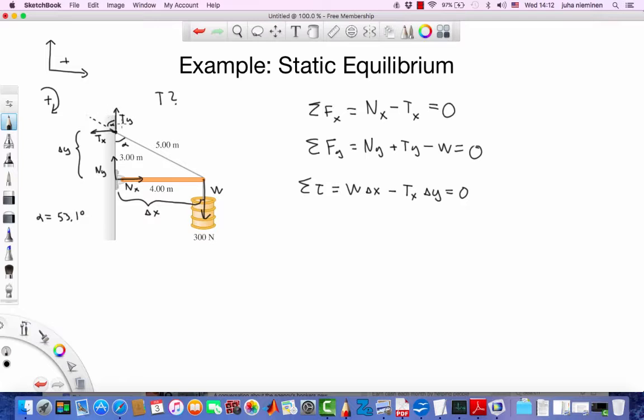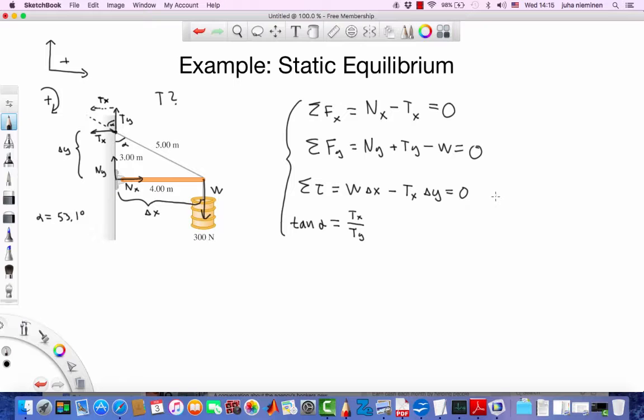So from this geometrical identity we can say that tangent alpha is tx divided by ty, because we can always draw the tx here as well. Tangent alpha is tx divided by ty. And here we have 4 equations, 4 unknowns, and we can solve them.